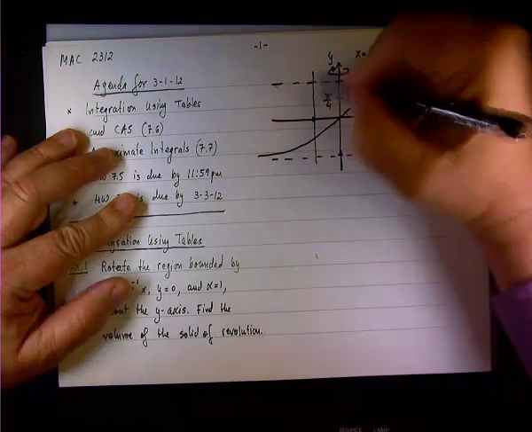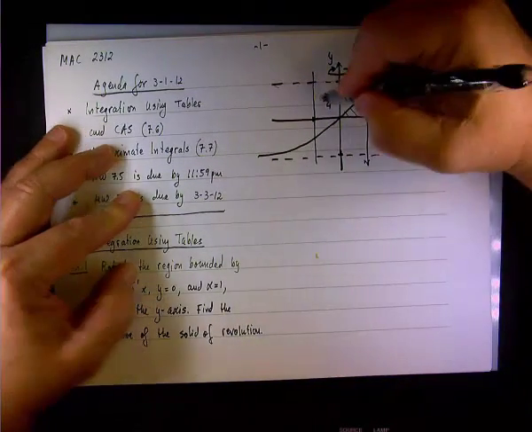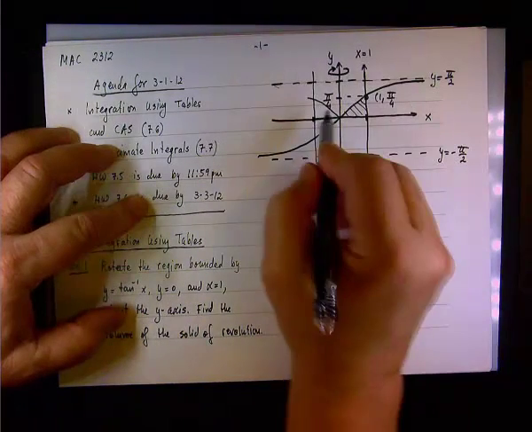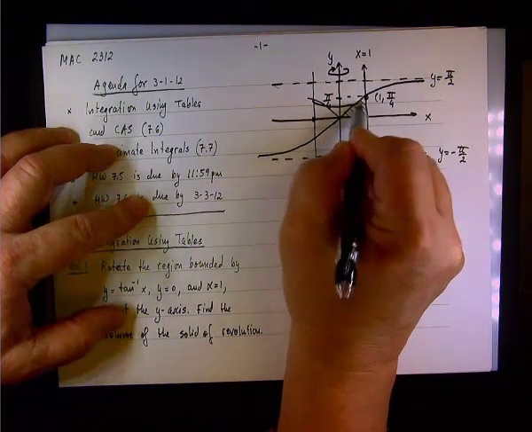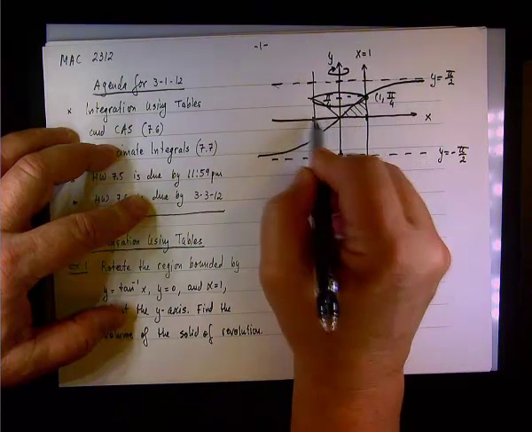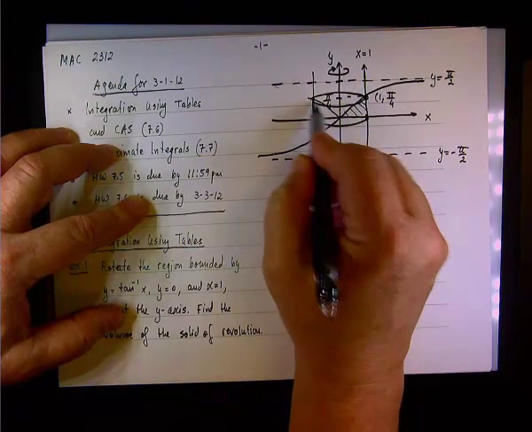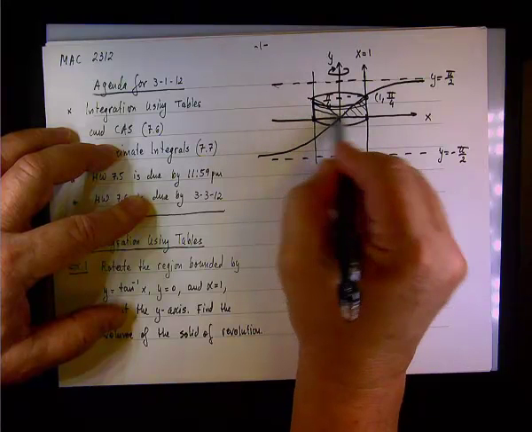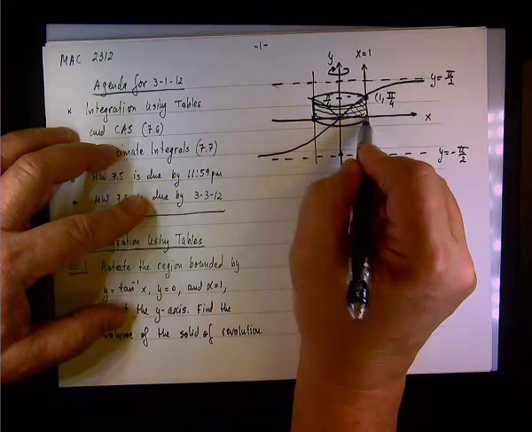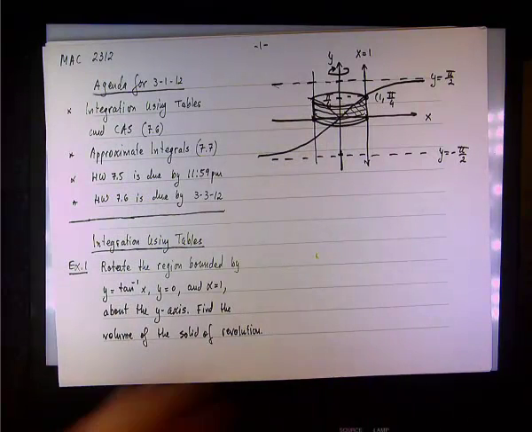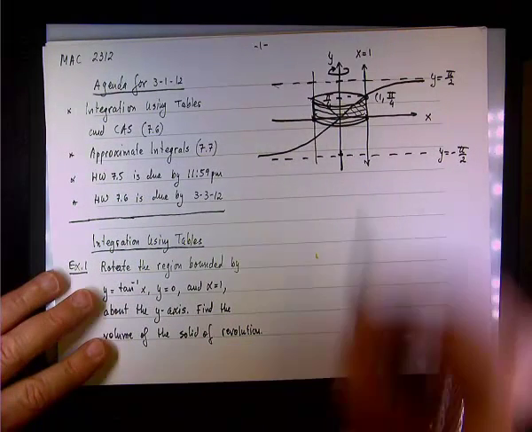Okay, so as we rotate this region, the other side is right here, and it looks like that, and this is the shape.